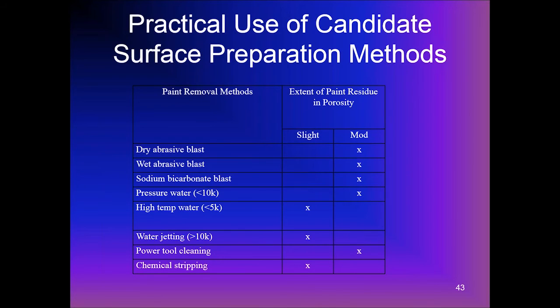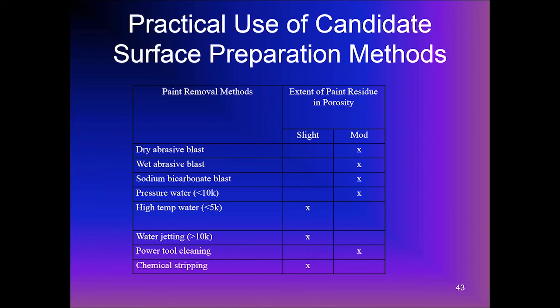Now what about the paint residue and the porosity of the substrate? Dry, wet, and sodium bicarbonate and pressure washing will definitely leave paint in the porosity because by the time you really dwell on it to remove it out, you're going to chew up the block very badly with the abrasive methods, and with the water you're going to really saturate that block or substrate by trying to get every remnant of paint out of the porosity.